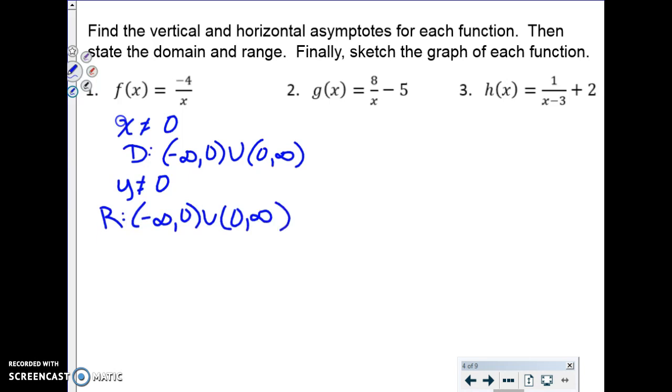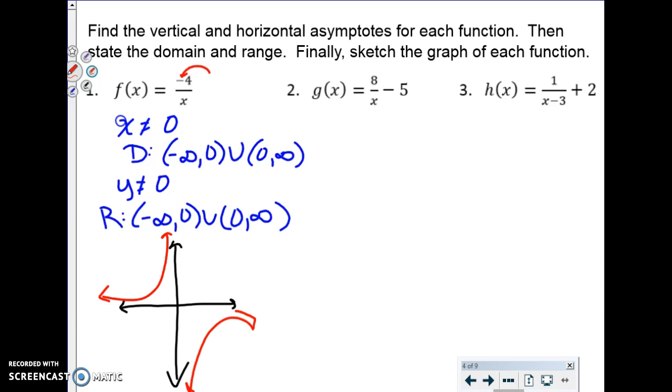This looks very similar to our parent function. If you want to use a graphing calculator just to get another idea, the one thing that is different is that the numerator has a negative, so it is going to be flipped and in different quadrants than what you're used to. So that's a good sketch of that one.